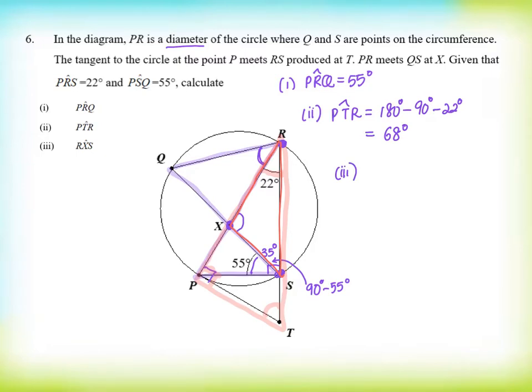This will be 180 degrees minus 22 degrees and minus the answer that we have found, 35 degrees. Now when you write this in the exam, this working is shown on your paper, so they'll be able to read and give you the marks as well. So this answer here will be 123 degrees. Have you gotten the answer?